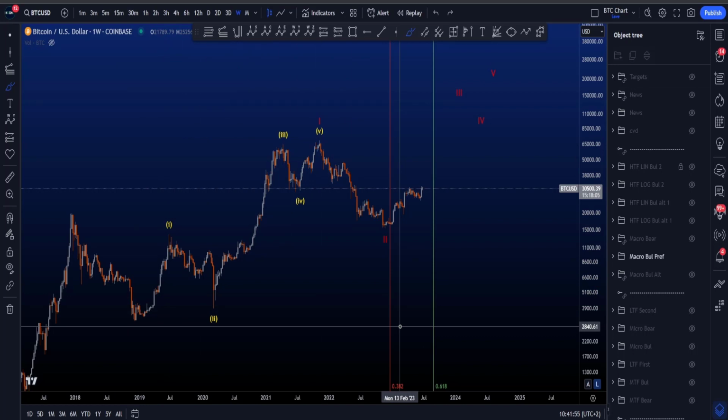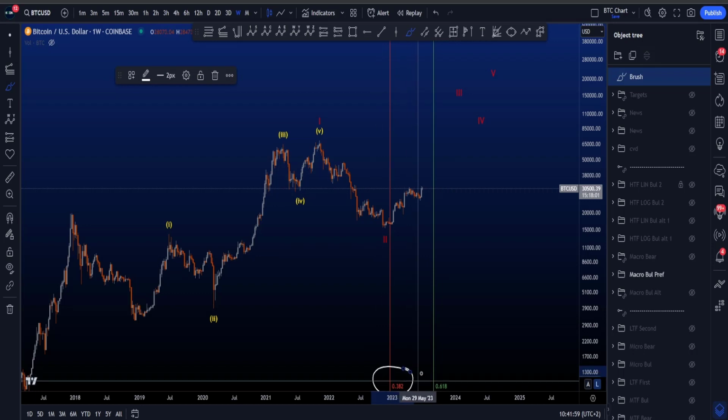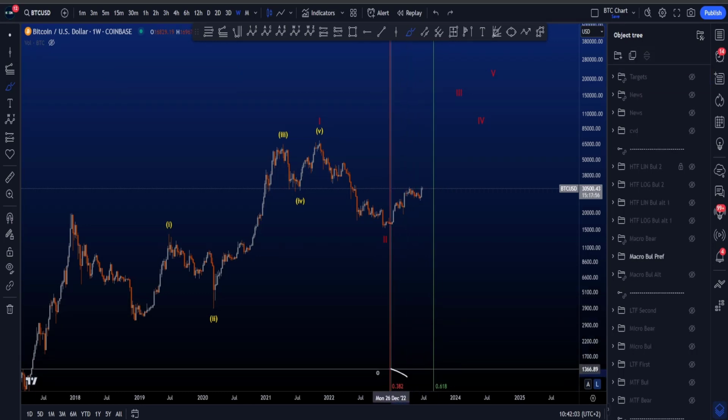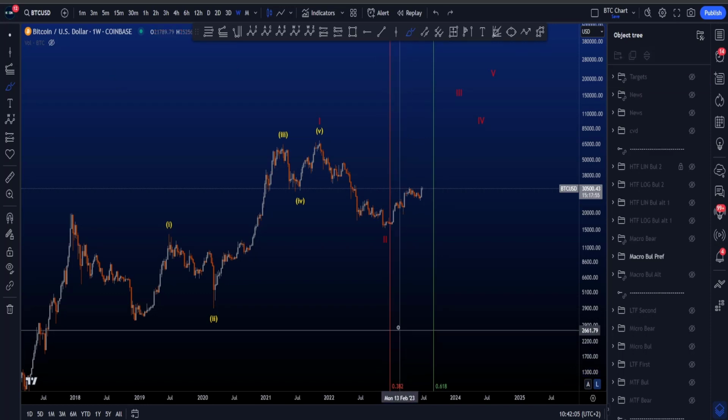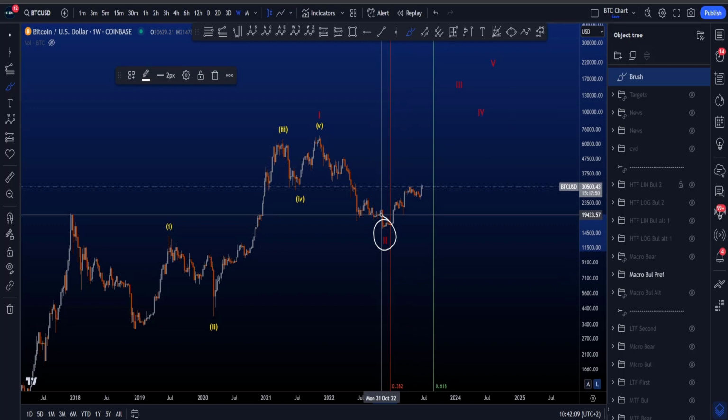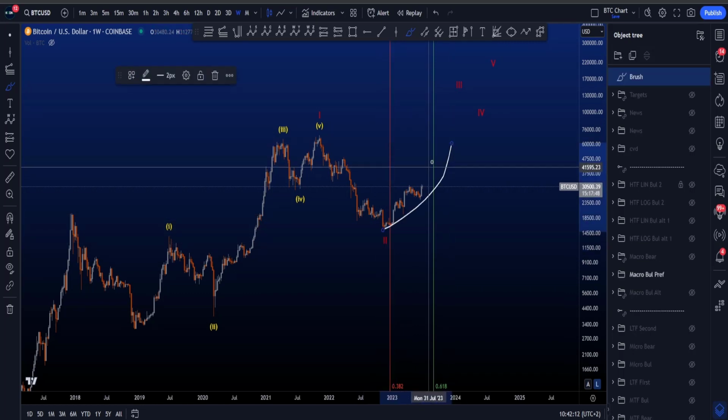Usually, I like corrective structures to at least finish after the 0.382 because it is actually quite rare to have corrective structures finish before the 0.382. It does happen sometimes, but it is still rare. So in this scenario, this would be quite rare still for a bigger push to the upside.